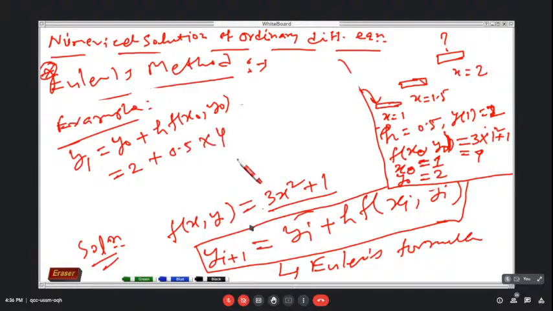We just calculated f(x0, y0), that means 0.5 into 4 will become 2, right, 2 plus 2 will become 4.